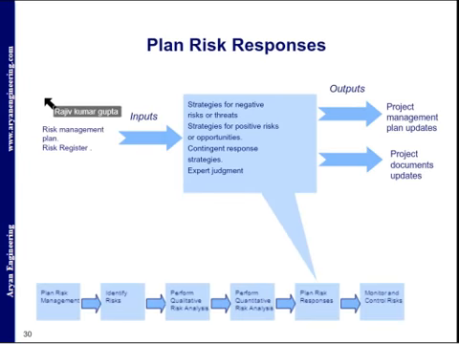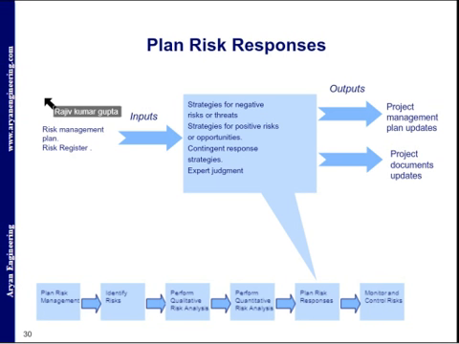Now we will go to Plan Risk Response. Plan Risk Response is the process of developing options and actions to enhance opportunities and to reduce threats to the project objectives. In risk response planning, you find ways to reduce a threat or eliminate it entirely if possible, as well as ways to make opportunities more likely and increase their impact.